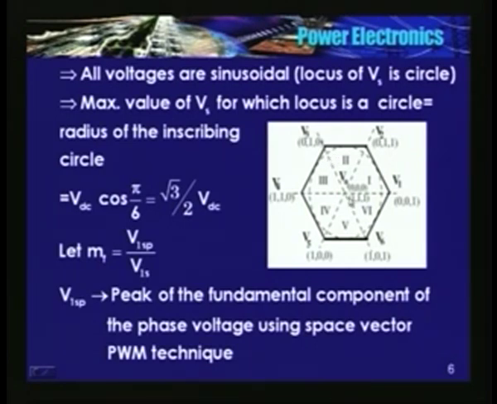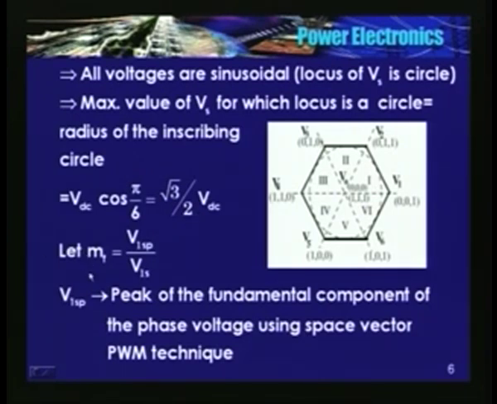Now what is the value of the radius of this circle, okay. This is nothing but, see, this is a hexagon encircling circle, okay. So the radius of the circle is VDC into cos 30, well, see this angle is 30 degrees, so that is equal to root 3 by 2 into VDC, okay.